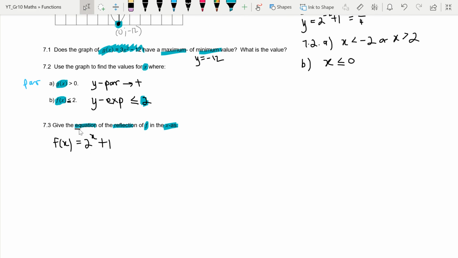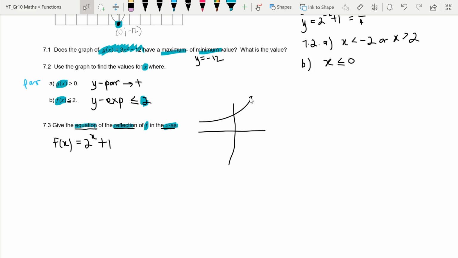They are saying that we need to write down the equation for a different graph when f is reflected in the x-axis. What does it mean when we are reflecting about the x-axis? It means that the x-axis is our mirror.